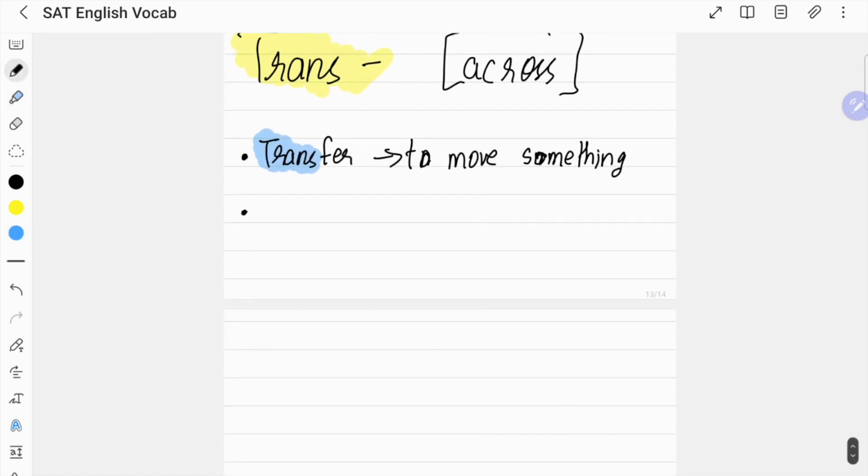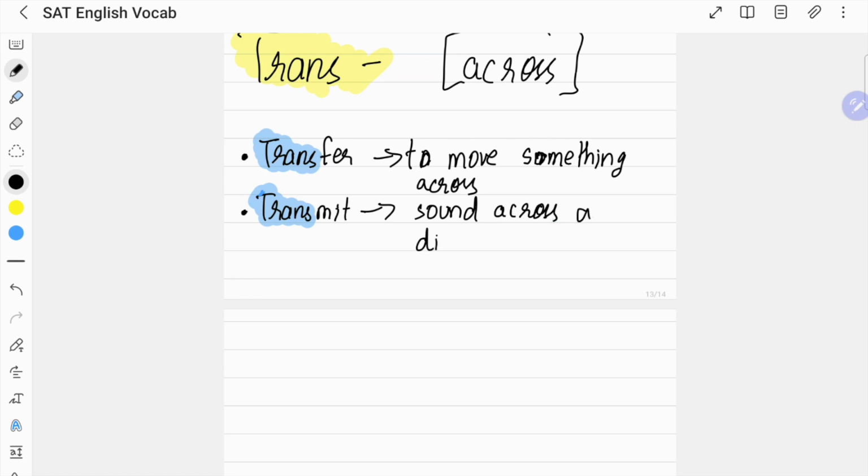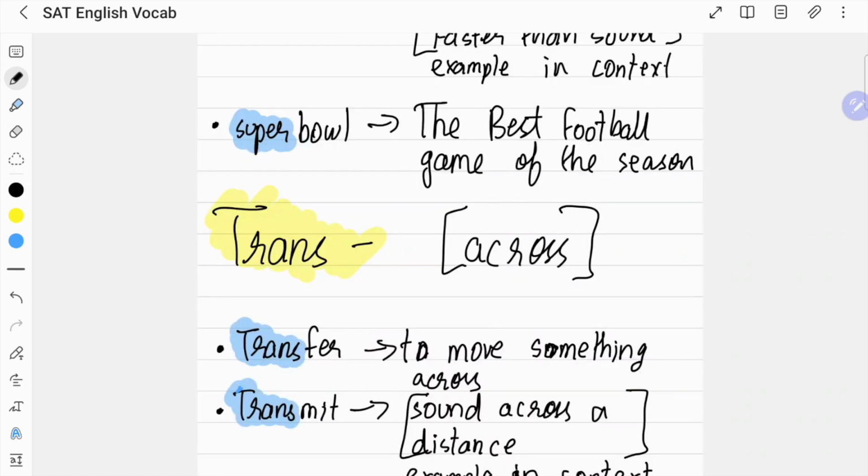Next, we have transmit. To move something across. Here, trans again being the root word, means transmit, to transmit sound, for example, sound across a distance, which is an example in context.